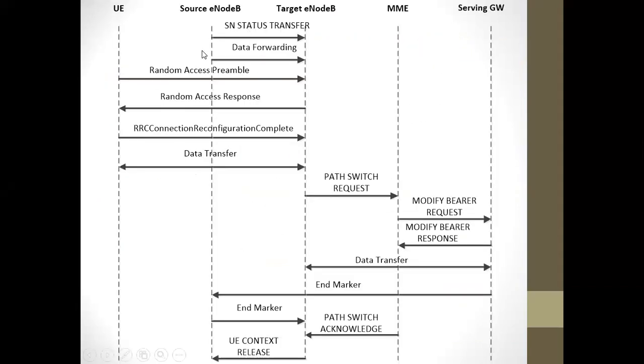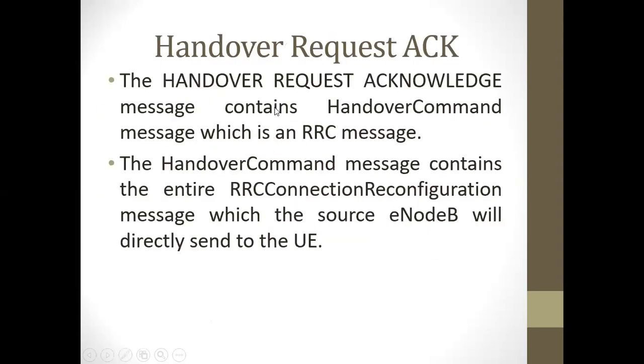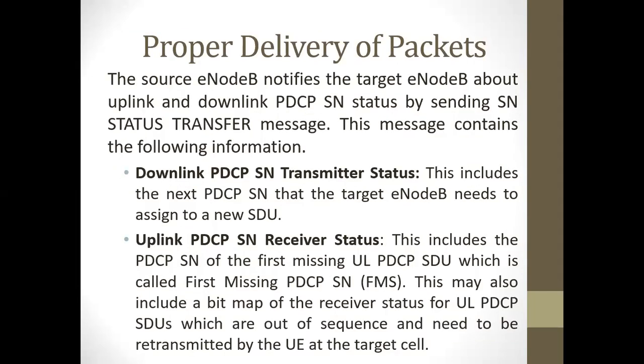Instead of forwarding data to the UE, it forwards it to the target eNB, assuming that it no longer has connection with the UE. And it also tells what the next sequence number should be in uplink. So it's the SN status message. It gives that information for downlink.